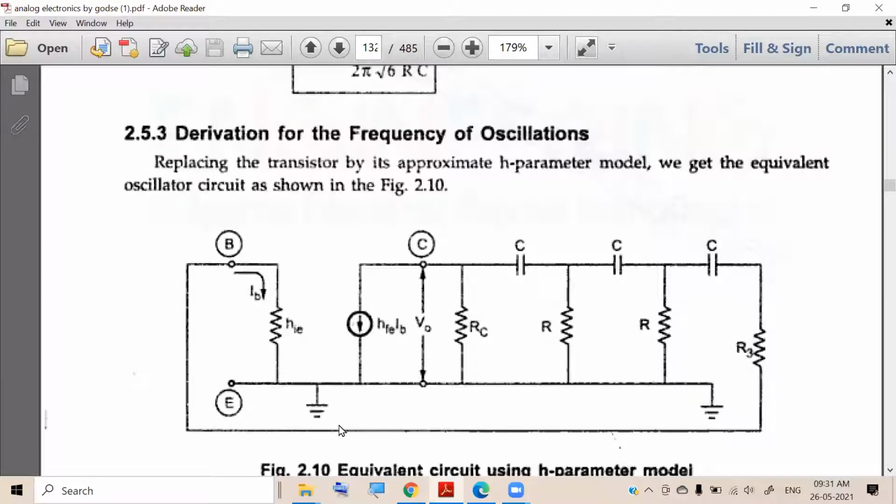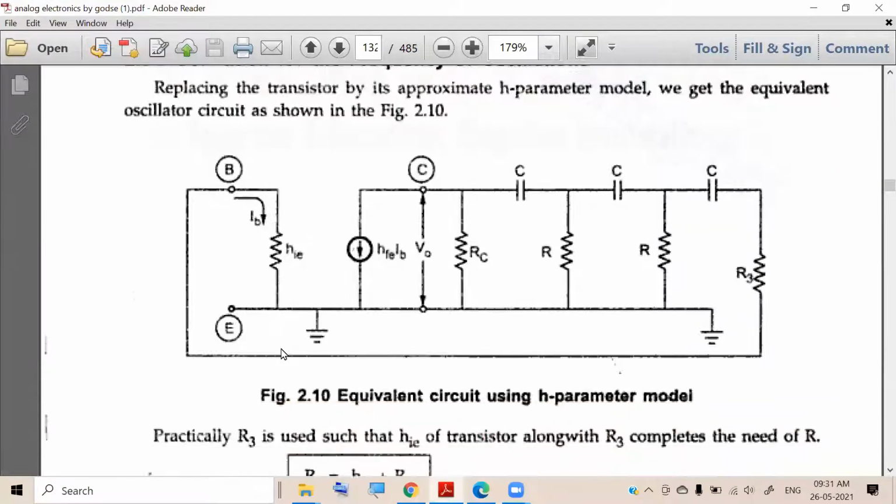Now if we consider the effect of R1, R2, which significantly affect the performance of the circuit, we will consider R1, R2 in parallel with hie. R1 will be here, R2 will be here, hie is already here.